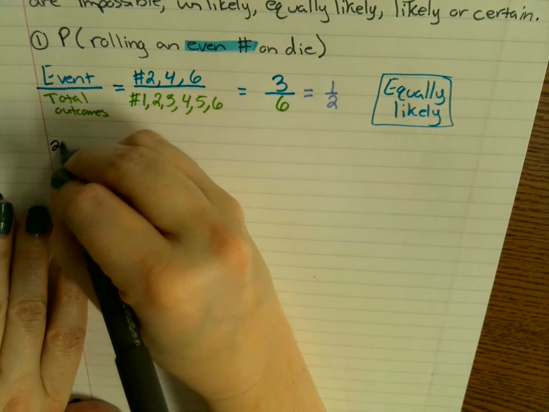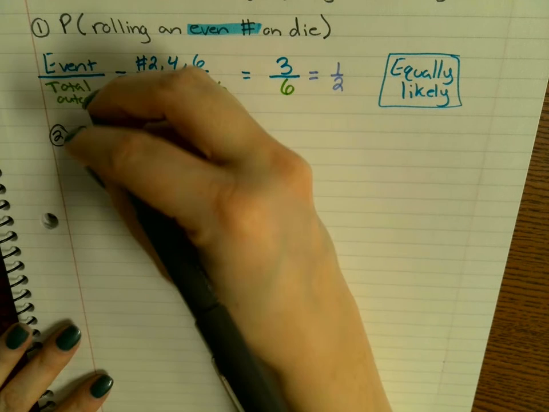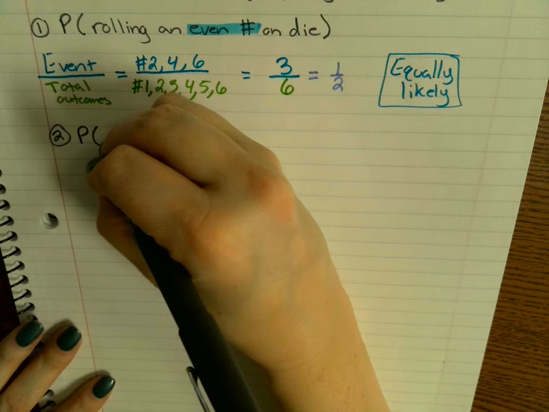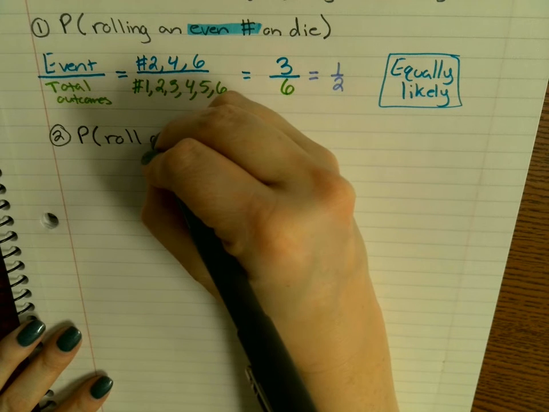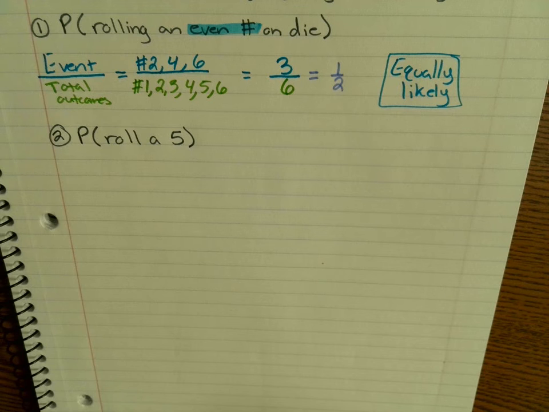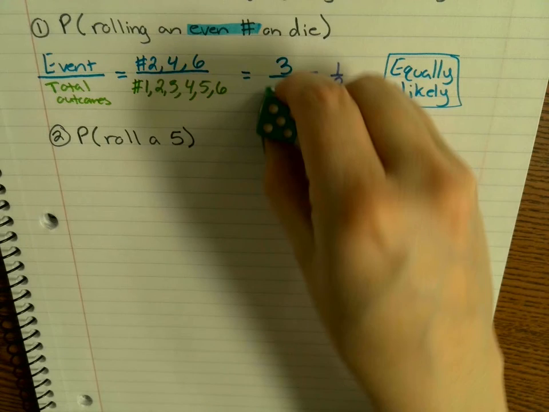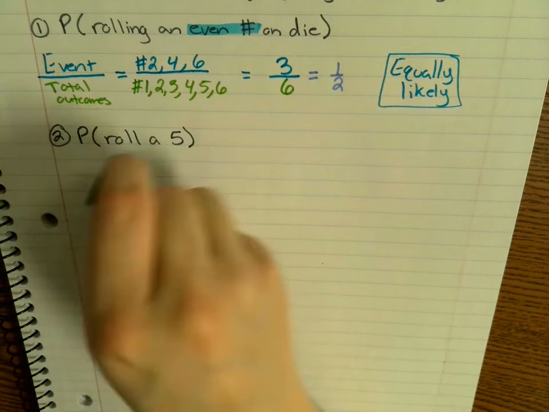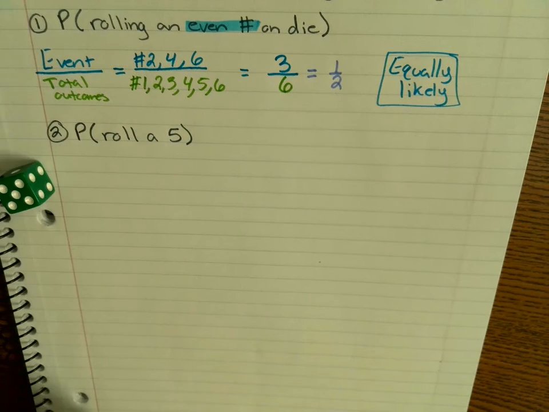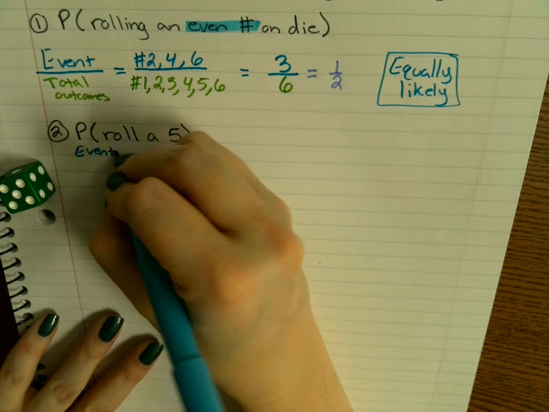Let's try another one. We want the probability that this time we're just going to roll a 5. I just want to land on a 5. So I roll it, and it lands on that 5. That's all I'm wanting to get. Again, I need to identify how many ways my specific event can happen.